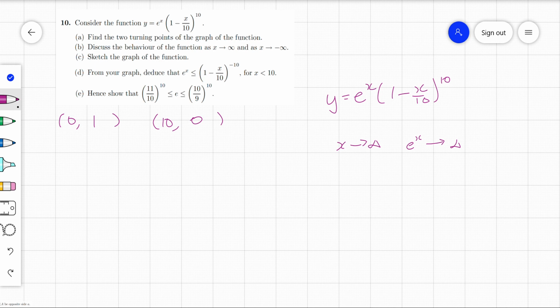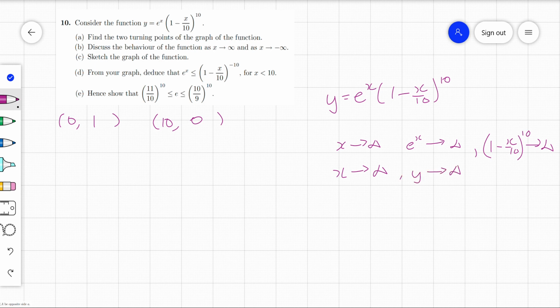So we think it's going to be negative, but to the power of an even number, it's actually going towards positive infinity. So 1 minus x on 10 to the 10 also goes towards positive infinity. Therefore, as x goes to positive infinity, y also goes to positive infinity.